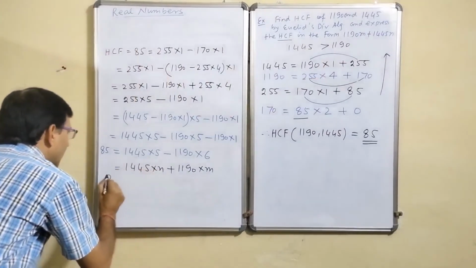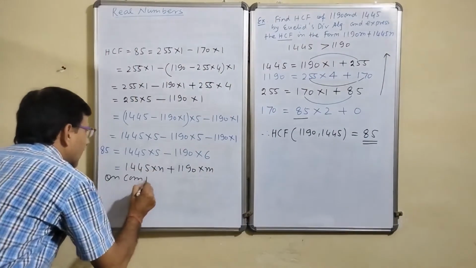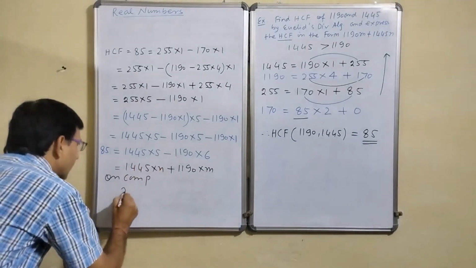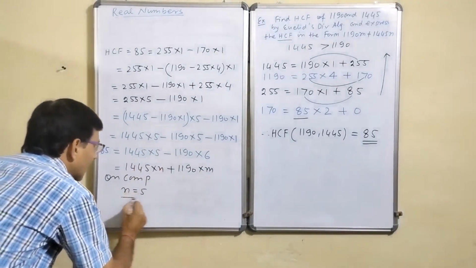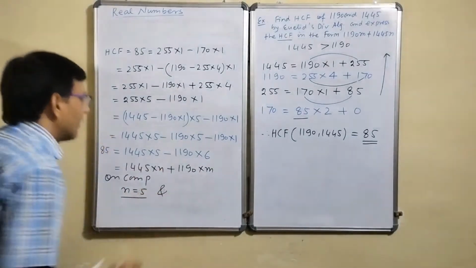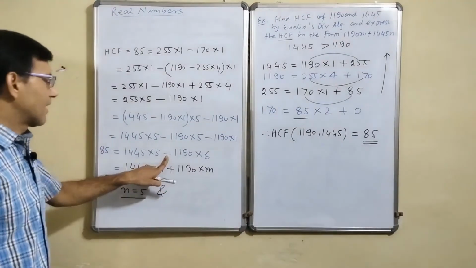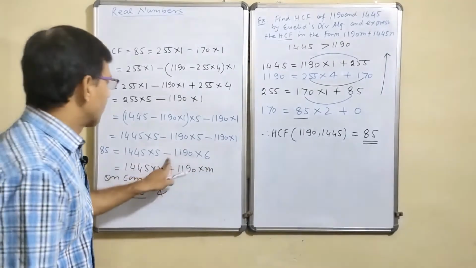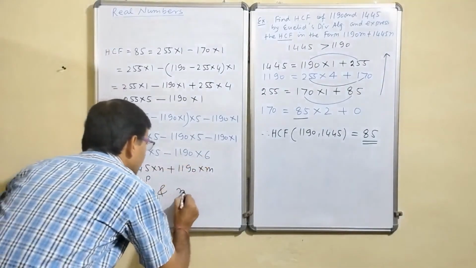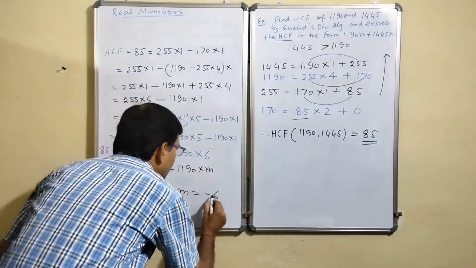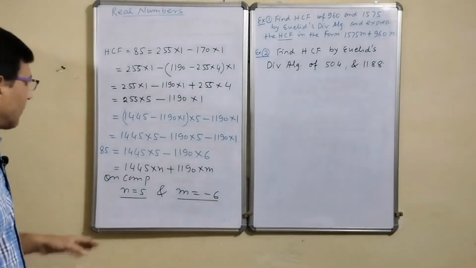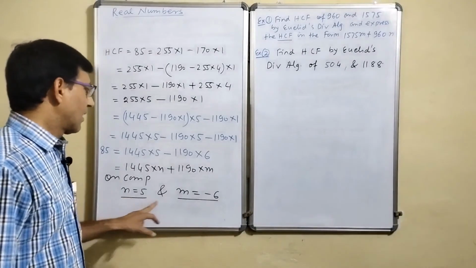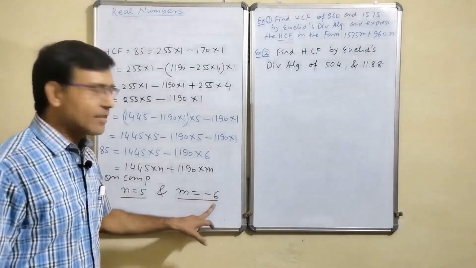Now on comparing, what will you get? The value of n is equal to 5, and here it is plus sign, here it is minus sign. So 1190 into m, so m becomes minus 6. So m is equal to minus 6. In this question, we got the result as n as 5 and m as minus 6.